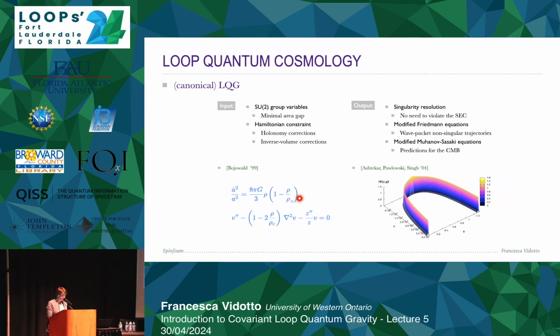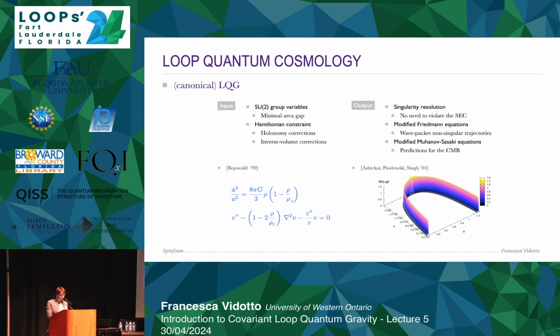So it's a correction that kicks in when your energy density rho is close to a critical energy density that is taken to be at the Planckian energy density. So this part is the standard Friedmann equation that you should know from your basic courses in relativity, in cosmology. And here you have, at the end of the day, simple corrections.